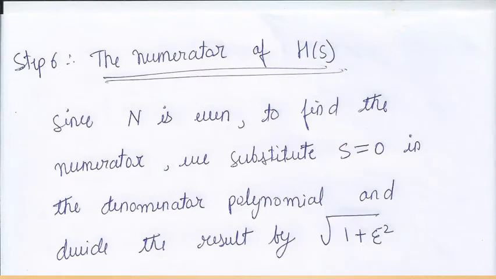Once we have the denominator of H of s, the next step would be to find the numerator of H of s. Since in the given numerical the value of order n is even, to find the numerator, we substitute s equals 0 in the denominator polynomial and divide the result by square root of 1 plus epsilon square.